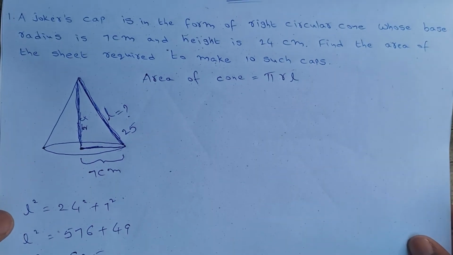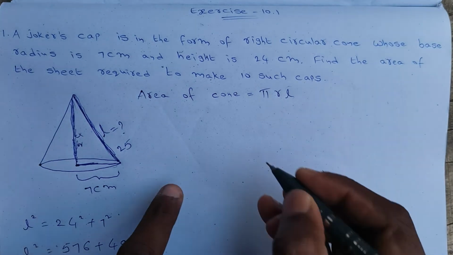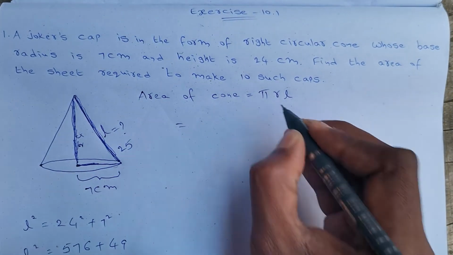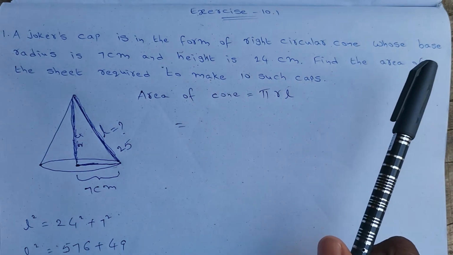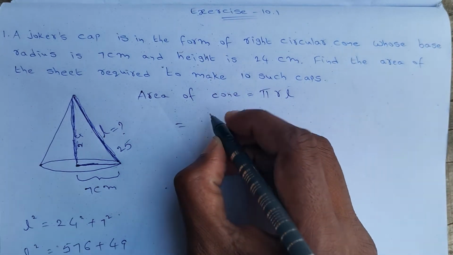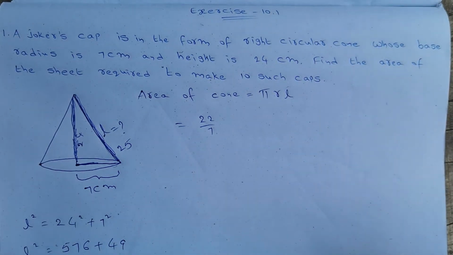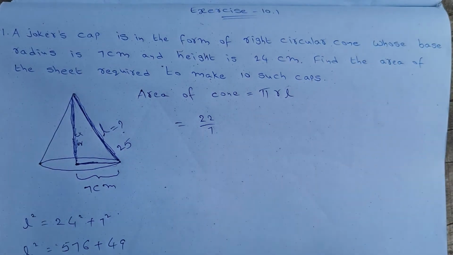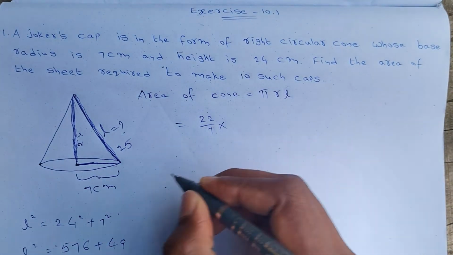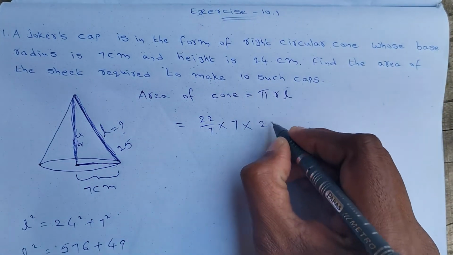Now we have all the measurements required to find the area. Let us substitute. In the question, he didn't mention to take the pi value as something, so always take it as 22/7 only. In case they mention to take pi value as 3.14, you take it like that. If he didn't mention, take it as 22/7. Into radius 7, into slant height, just now we got it as 25.